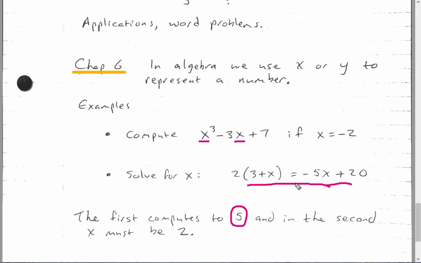One way to solve these is to try to guess the number. How about x equals 0? Does that work? If you put in 0, you get 6 on the left and 20 on the right, so no, that doesn't work.